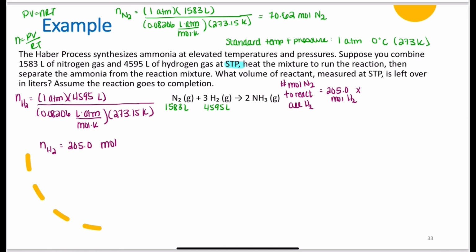I know I have 1 mole of N2 reacting for every 3 moles of H2 reacting. 205.0 divided by 3 gives me 68.33 moles of N2. And I ask, do I have enough?